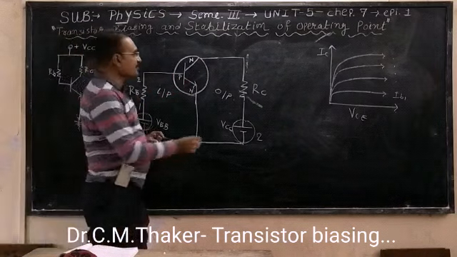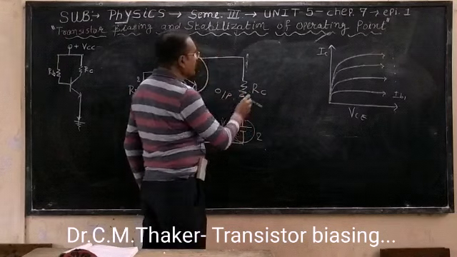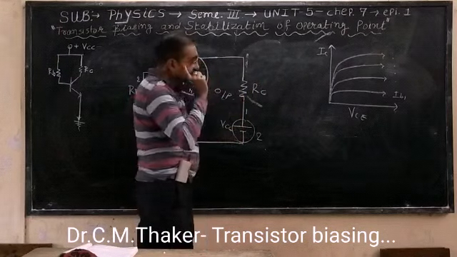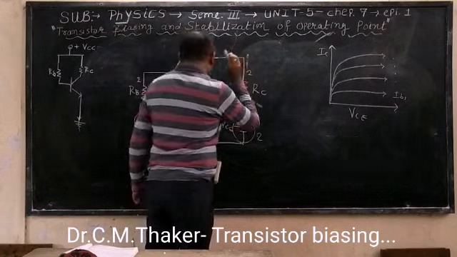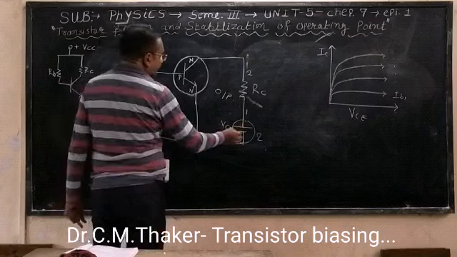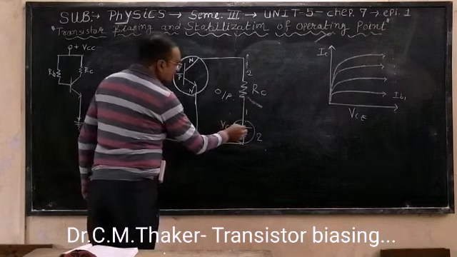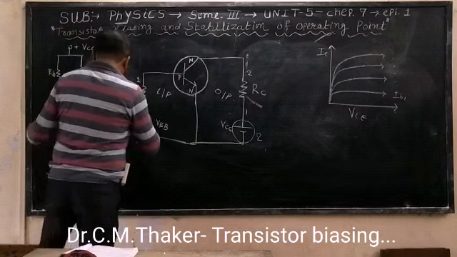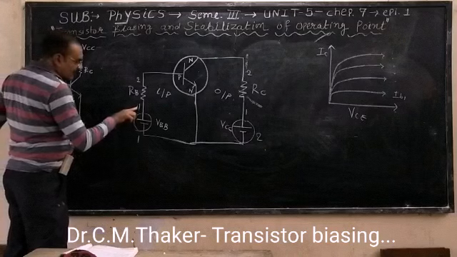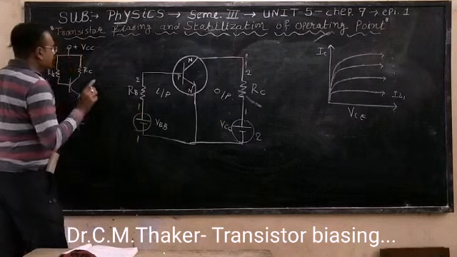In the same way, the supply-side terminal of RC is terminal number 1, and the collector-side terminal of RC is terminal number 2. Now you see, terminal 1 of RC is connected with the positive supply, and terminal 1 of RB is connected with the positive supply.